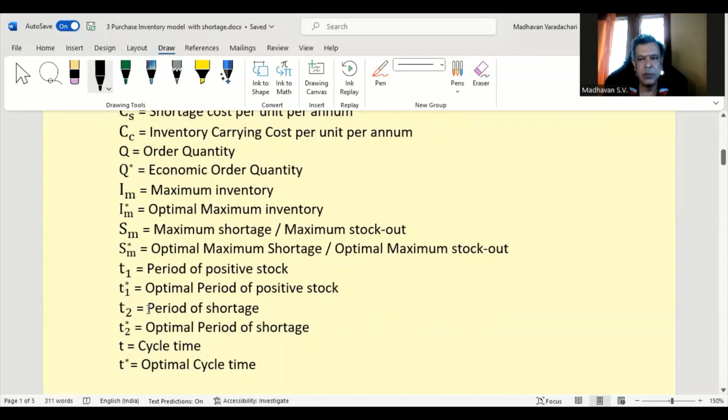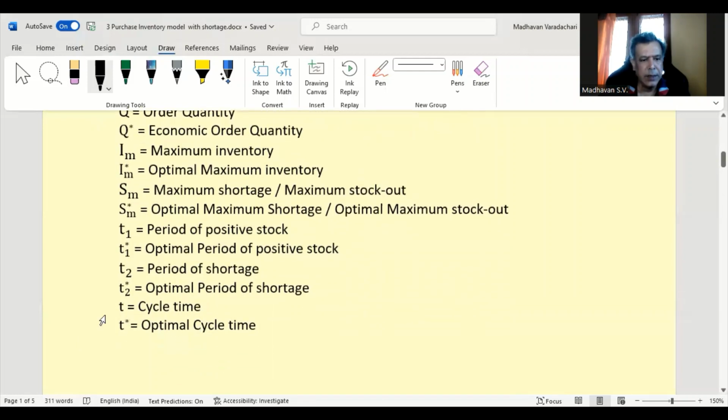T2 is the period of shortage, and T2 star is the optimal period of shortage. T is the total cycle time. We already saw T is T1 plus T2, and the optimal cycle time is T star.